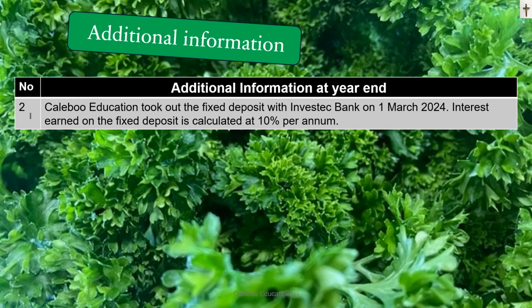Number 2. Calibre Education took out the fixed deposit with Investec Bank on the 1st of March 2024. That's a year ago, because we're now at the 28th of February 2025. Interest was calculated at 10% per annum on the fixed deposit. We had it for a year, 10% per annum.